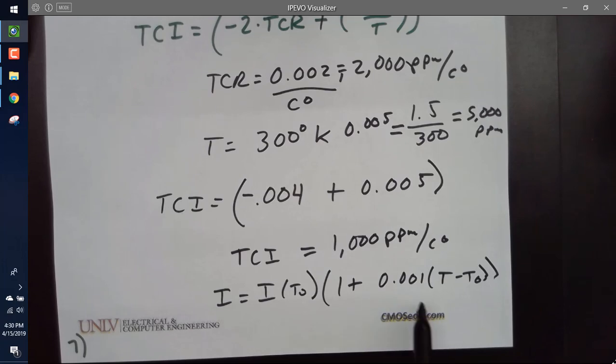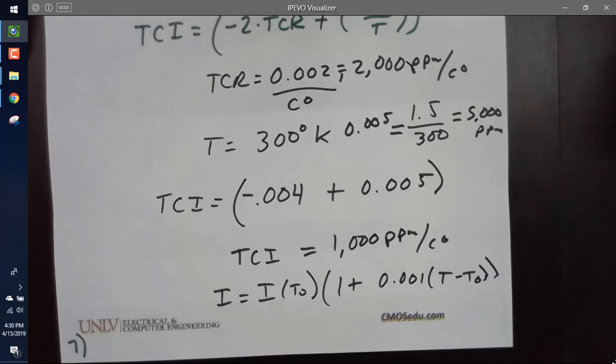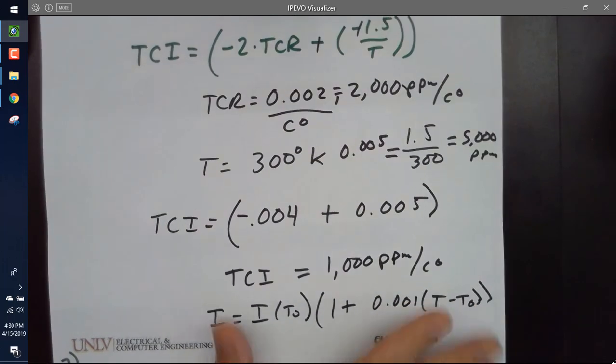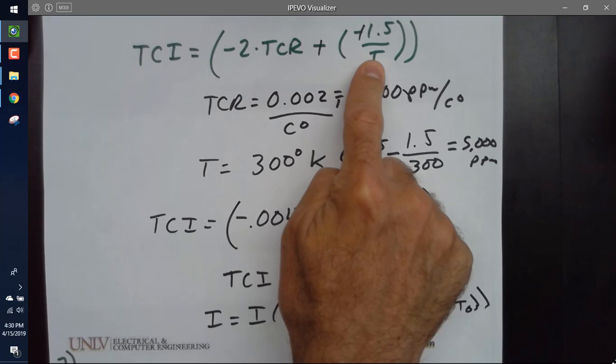So if I look at this and I ask, what is the slope? Or first off, just one important thing to note here. Notice how the temperature coefficient is only that number at one temperature. It's at 300 degrees Kelvin.